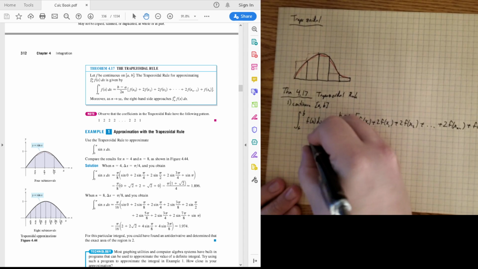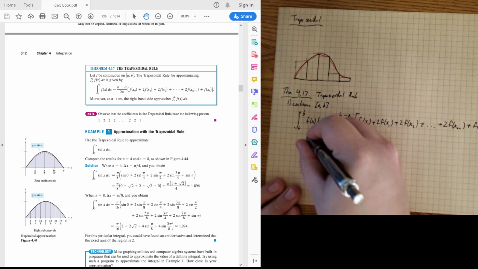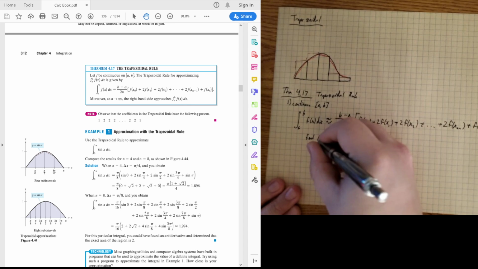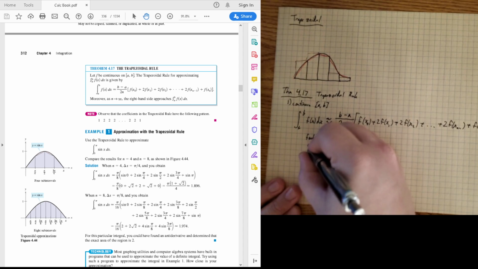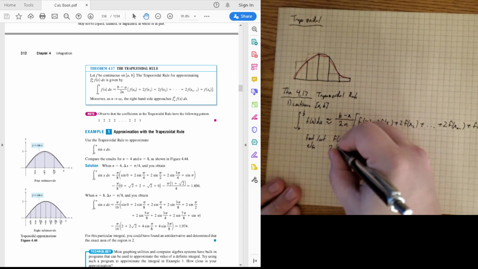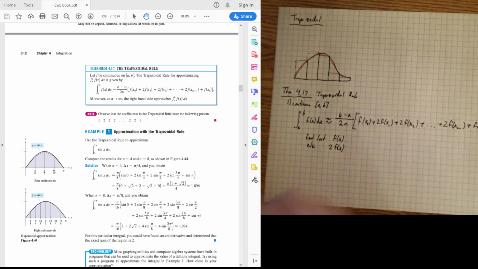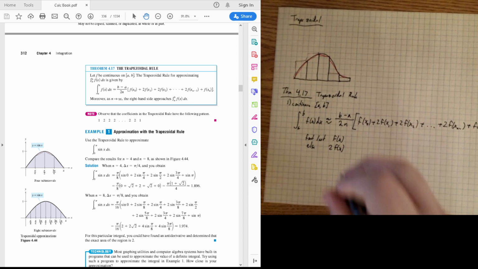The pattern here is the first and last are just f of x's. Everything else is 2 f of x for any value you have in terms.